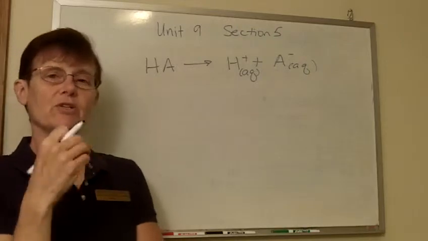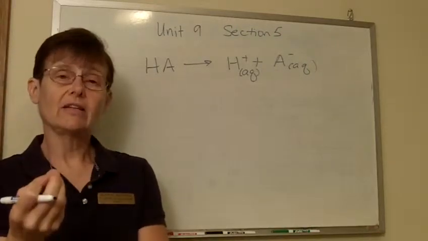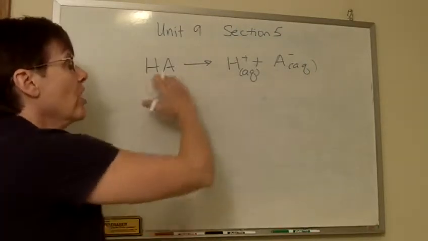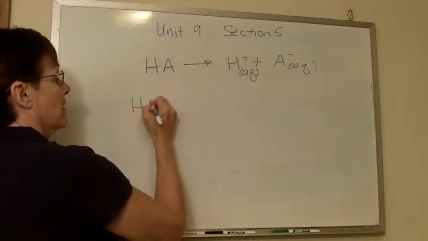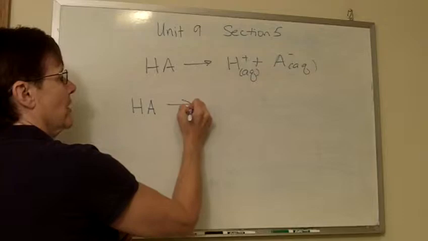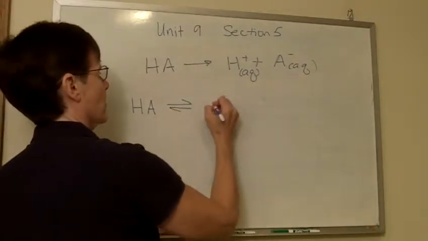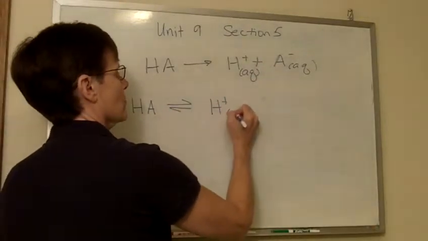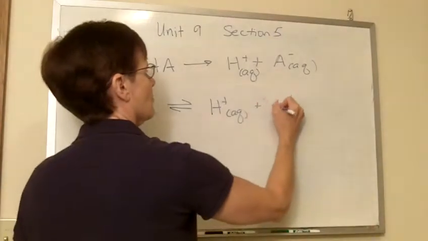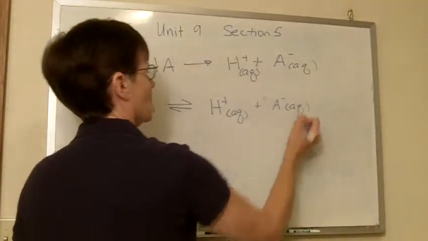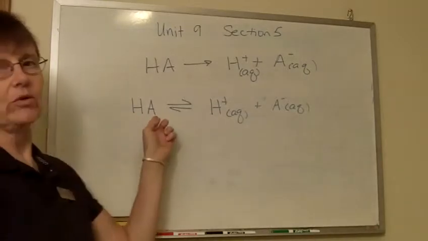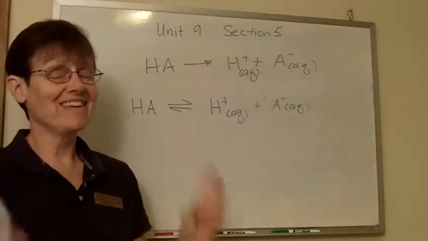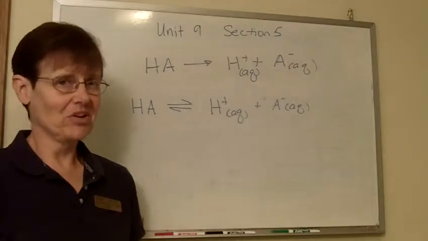Now the difference between a strong acid and a weak acid is that the weak acid will not completely do that. So we're going to write that this way. We're going to have an arrow that goes in both directions. So now we've got our acid over here, and notice that I haven't told you what the state is because this is our generic acid, and it might be a solid, a liquid, or a gas.